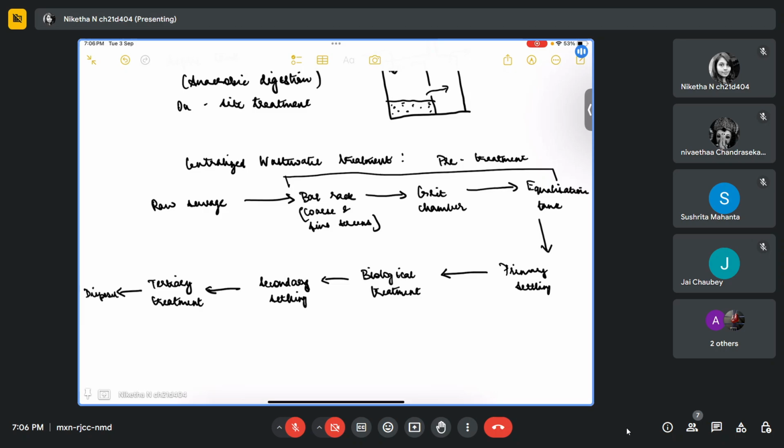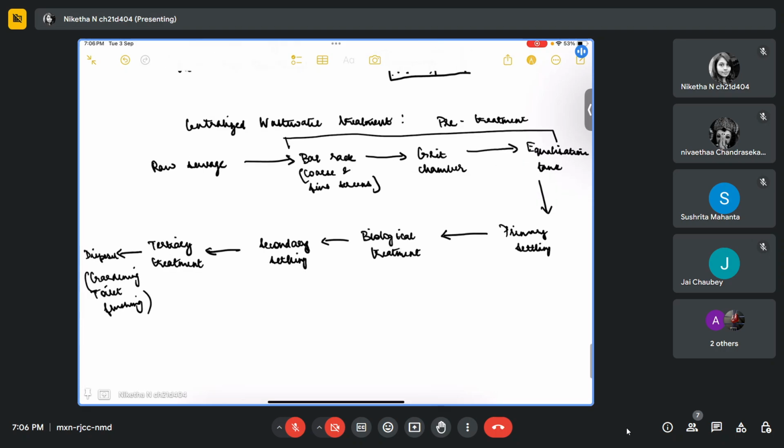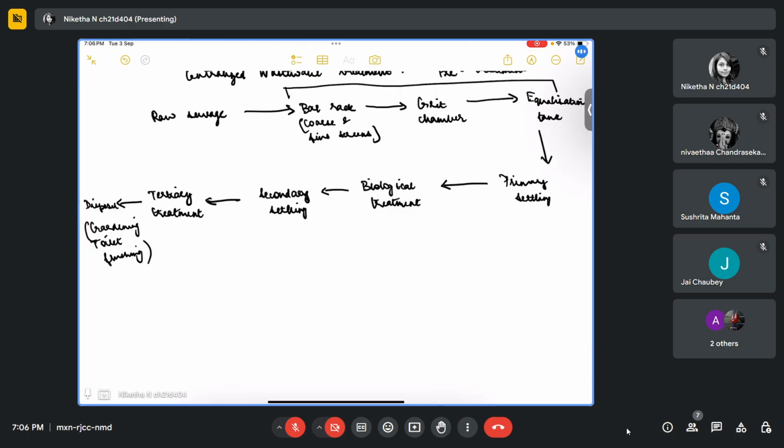These days, since we are looking at zero liquid discharge, instead of disposing it in rivers and lakes, the treated wastewater is also used for purposes like gardening and toilet flushing and so on. So that also happens after tertiary treatment.